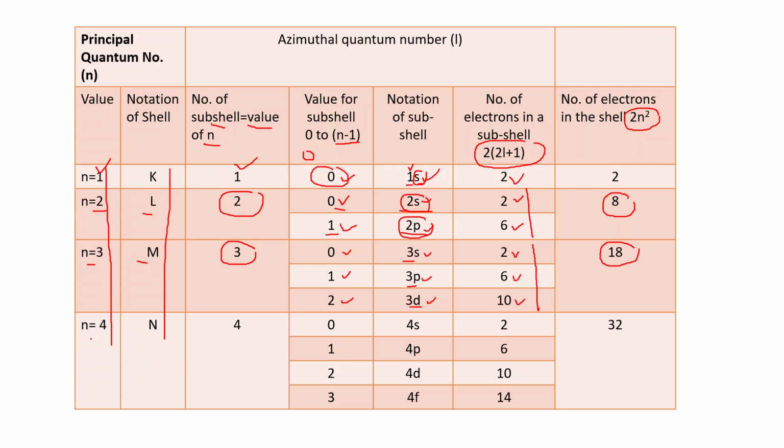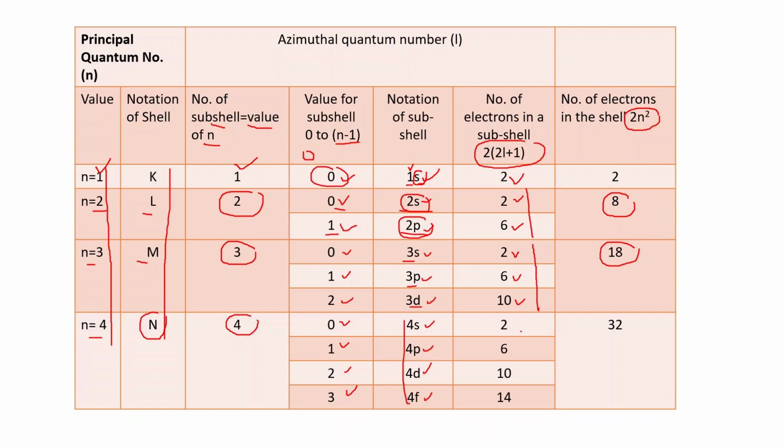In the same way, if n is equal to 4, this is capital N, and subshells are again 4, and these subshells have the values of 0, 1, 2 and 3, and the notations are: for 0, s; for 1, p; for 2, d; for 3, f. These are present in the fourth shell, that's why 4 is written.